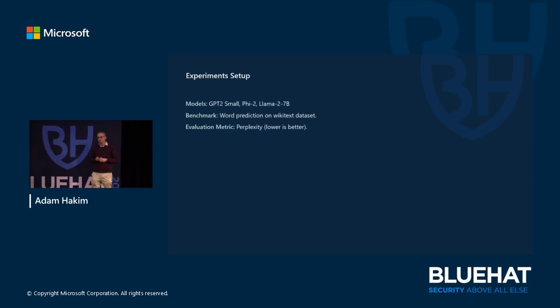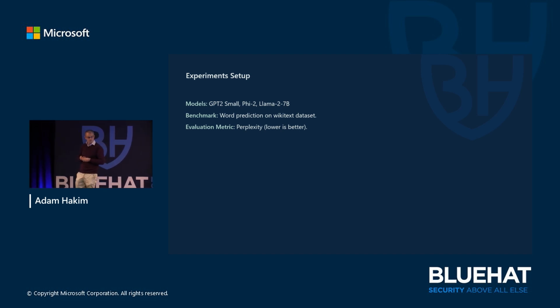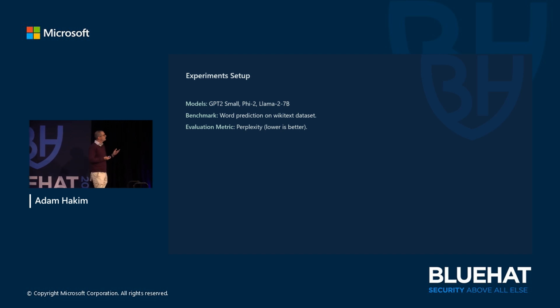First of all, our experiments were done on GPT-2, on Phi-2, and Llama 2 7B, popular models. We benchmarked their performance using word prediction on the Wikitext dataset, a common benchmark to test the performance of LLMs. And our evaluation metric is perplexity. The lower the perplexity is, the better the model is performing. That's how you should think about that.